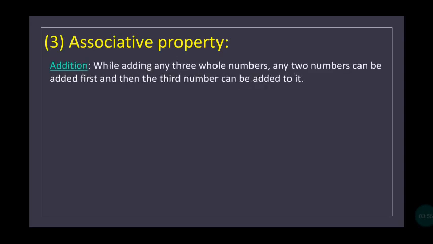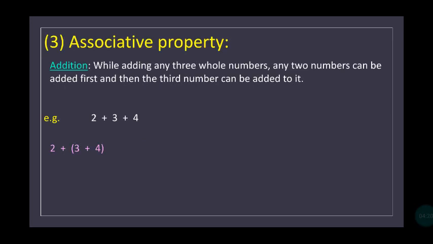Associative property for addition first. While adding any three whole numbers, any two numbers can be added first and then the third number can be added to it. Let's see one example. For example, we have to add these three numbers, 2, 3 and 4.